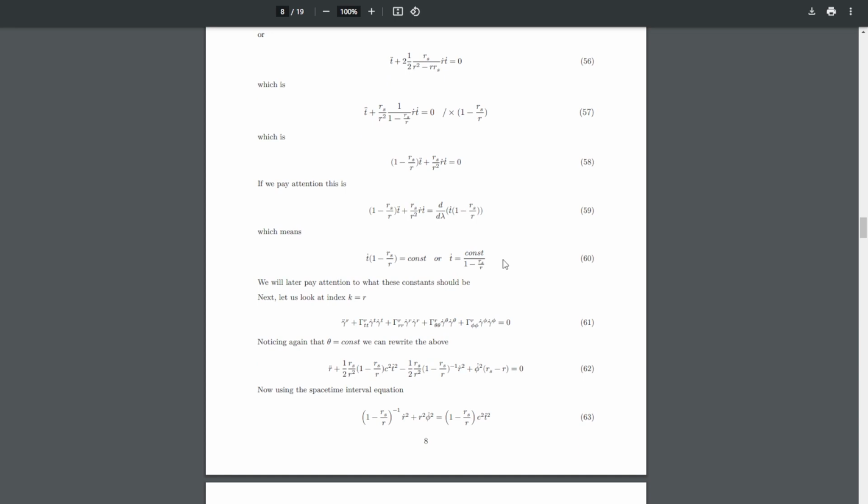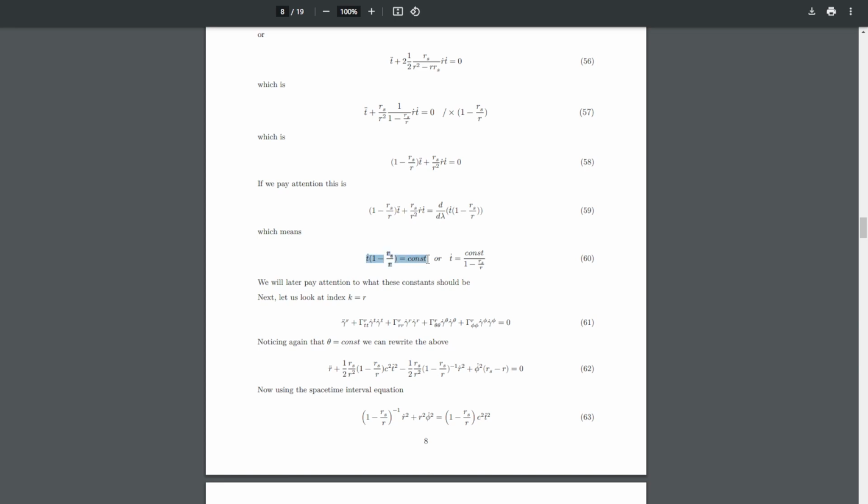Of course, this can also be obtained noticing that our metric is invariant with respect to time and using the Killing vectors. But again, it's another way to obtain the same equation. It's a rather easier one because we start from the start.